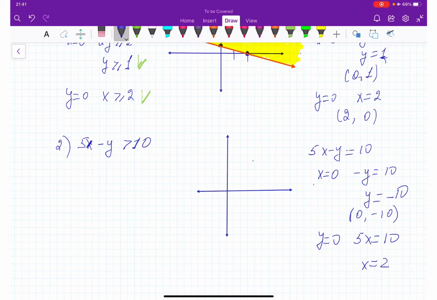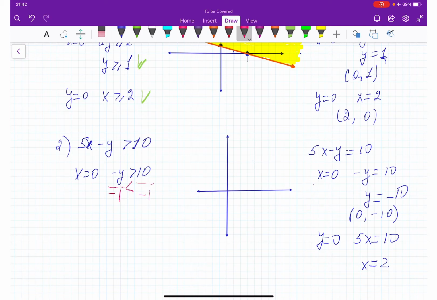Now let's shade the area. When x is equal to 0, negative y is greater than 10, and from here, we divide by negative 1, right? We need to get rid of the negative 1. Divide by negative 1, and the sign also flips.